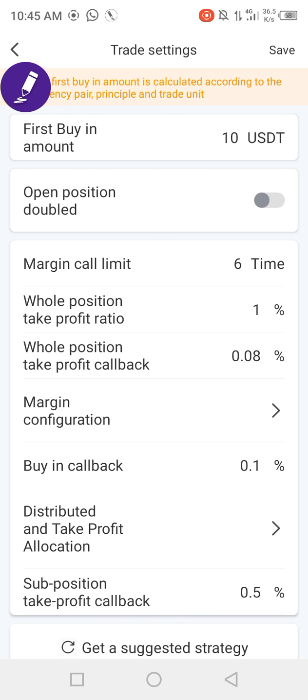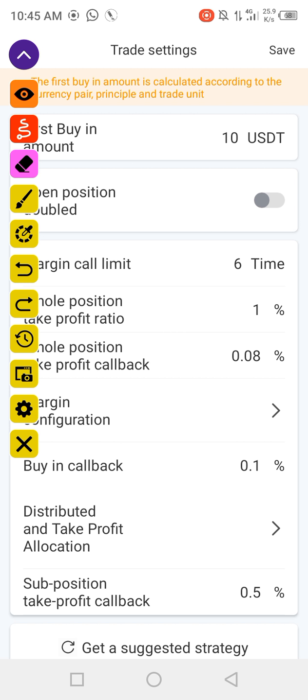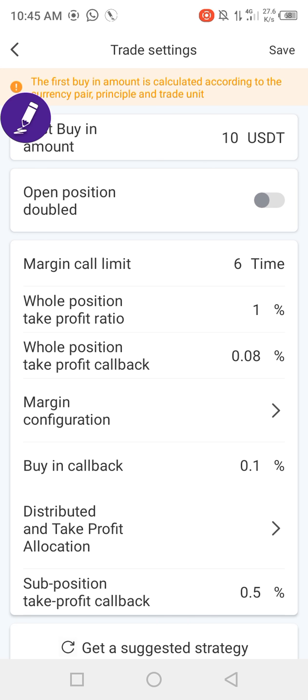here are a few things to consider when setting up a trade. The first, buy-in amount, is very important to consider. Depending on the capital, assuming you are trading with $100 capital, 100 USDT capital, do not exceed 12 USDT first buy-in amount.